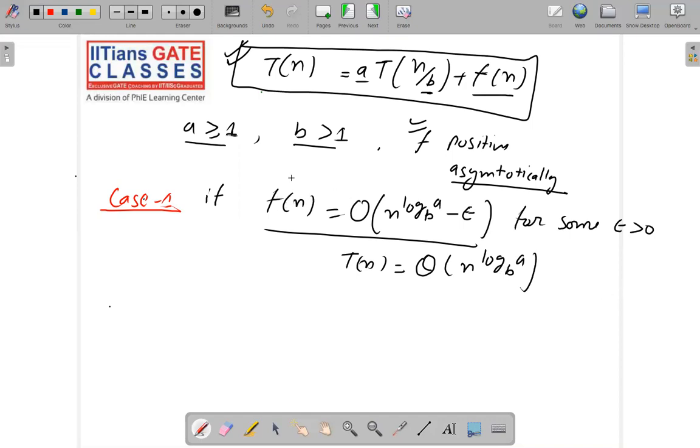What I'm saying here is that f(n) should be lesser than this. I will solve some examples also, so don't worry about it for all the cases.